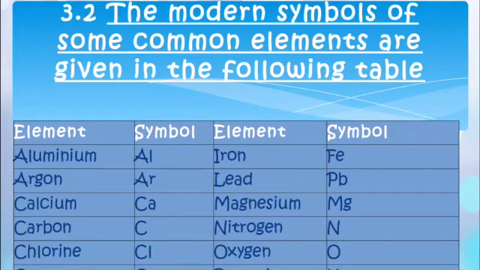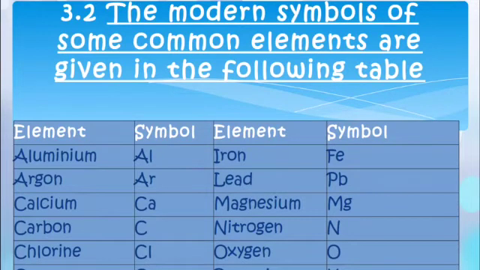Before going through the discussion of modern symbols of elements: the symbol of an element is the first letter and another letter of the English name or Latin name of the element. However, in all cases the first letter is always capital and another letter is always a small letter.